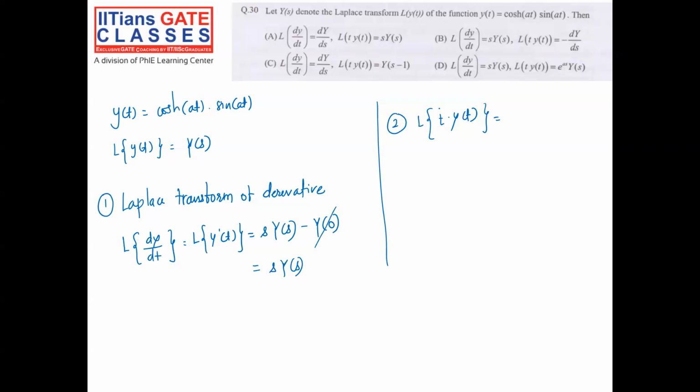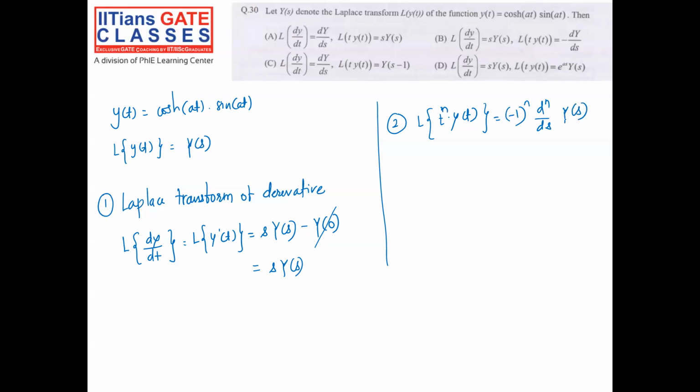The generalized formula is that the Laplace transform of t raised to the power n into y of t is minus 1 raised to the power n times the nth derivative of the Laplace transform of y of t, which I can write as capital Y of s.